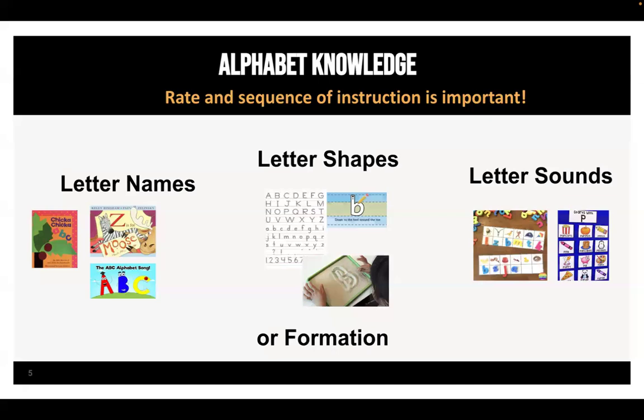Now we know that students can definitely handle an accelerated rate so that they're learning these letters and acquiring this alphabet knowledge quicker and thereby able to do more and apply that knowledge in meaningful ways quicker.